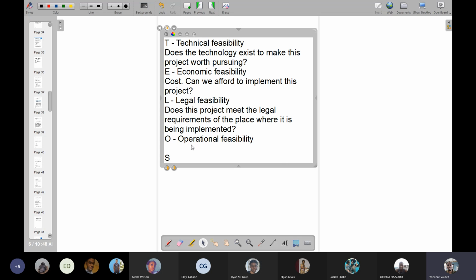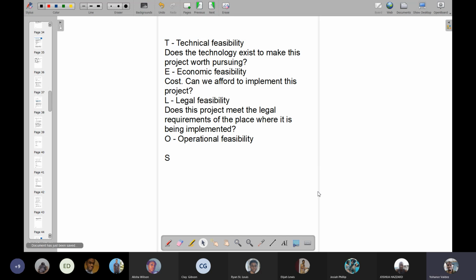So operational feasibility asks how much we have to give to keep this running. Ryan is correct. Once implemented, how do the resources that we have keep this running? So how sustainable is this project?